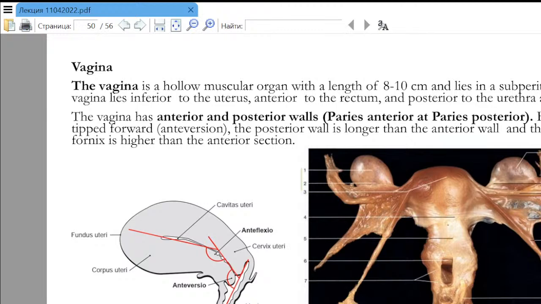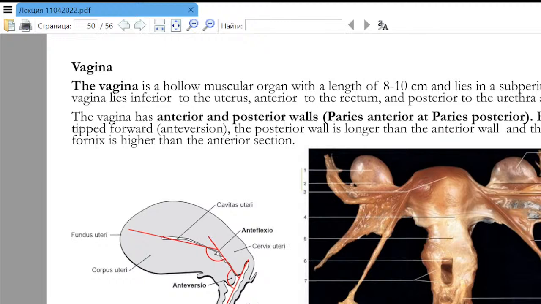The vagina has an anterior and posterior wall, paries anterior and paries posterior, because the uterus is tipped forward, anteversion. The posterior wall is longer than the anterior wall, and the posterior vaginal fornix is higher than the anterior section.